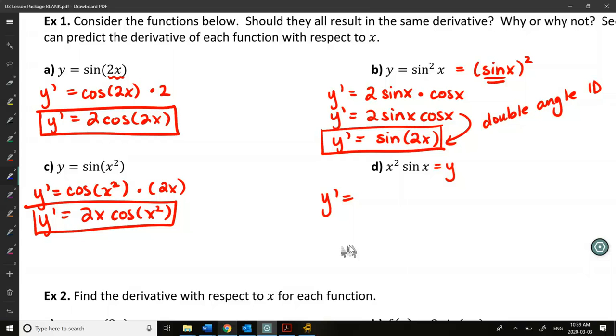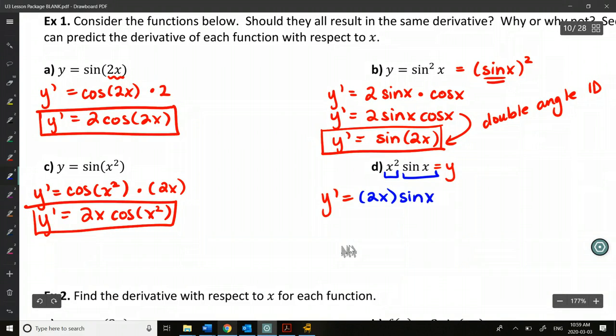Kind of power rule, but there's a bigger rule that we need to go by here before we use power rule. Product rule. We have the product of 2 things. So we're going to do the derivative of the first times the second plus the first times the derivative of the second.